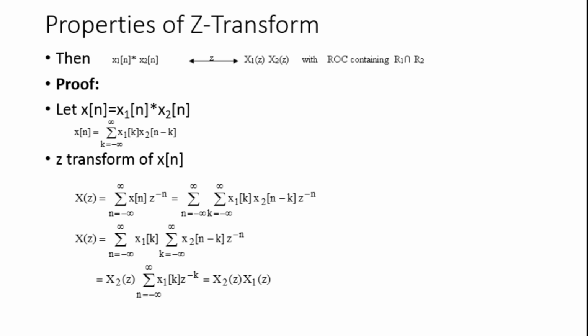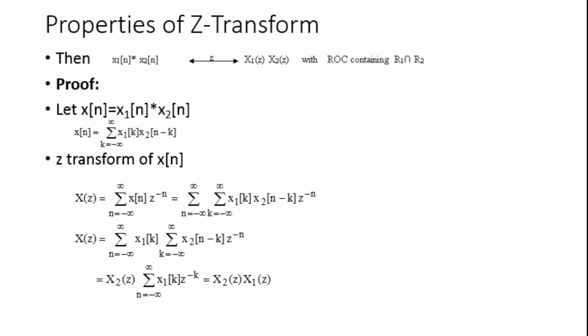Then the z transform of x of n is X of z, which is equal to summation n equal to minus infinity to infinity x of n into z to the power minus n, which is equal to summation over n and summation over k of x1 of k into x2 of n minus k into z to the power minus n.